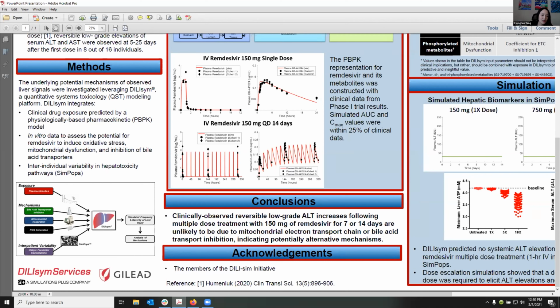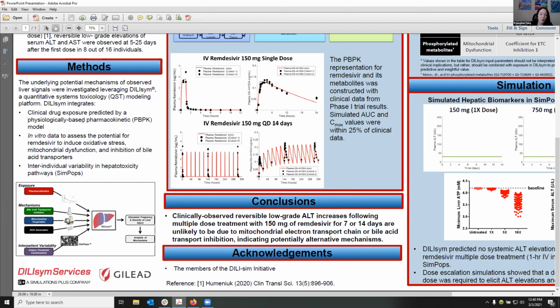It integrates the drug exposure, often predicted using PBPK modeling, the mechanistic toxicity parameters, which are derived from in vitro mechanistic toxicity assays, and inter-individual variability to predict liability in clinical situations in humans.